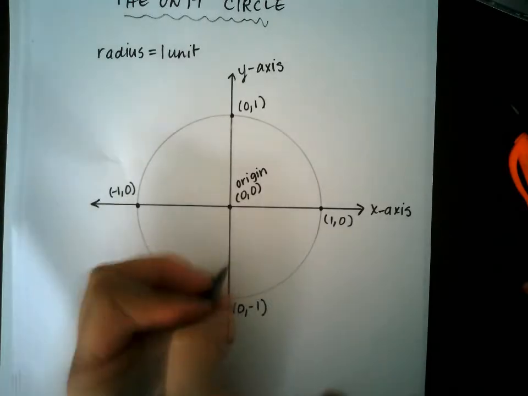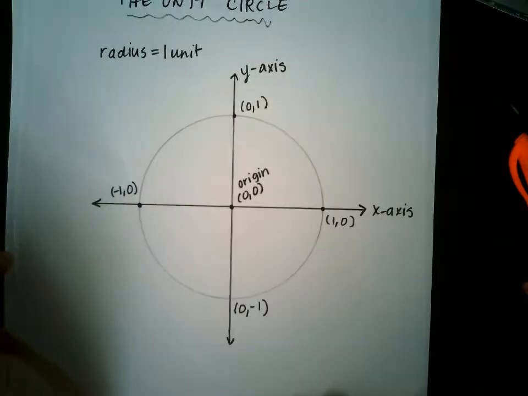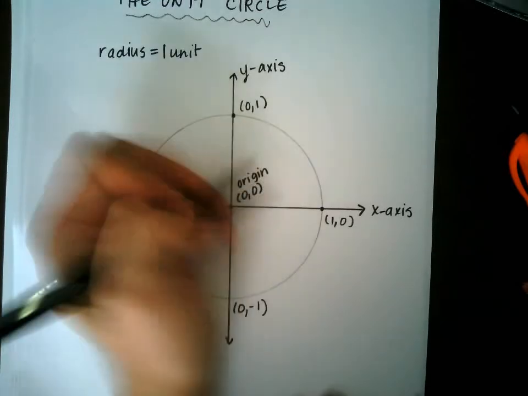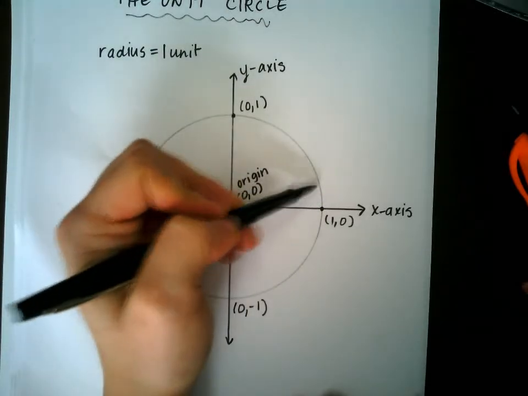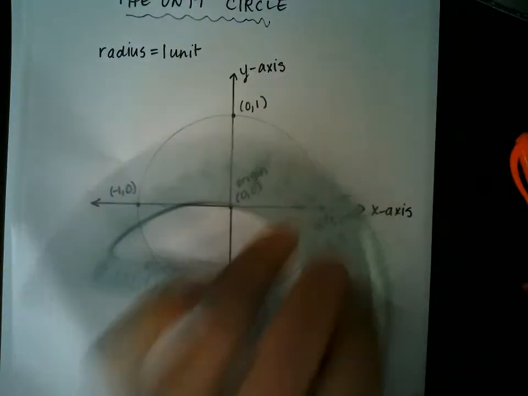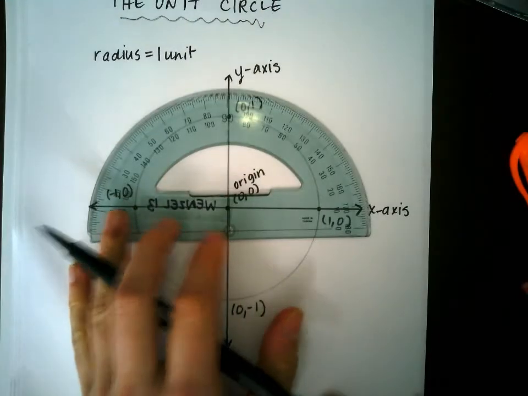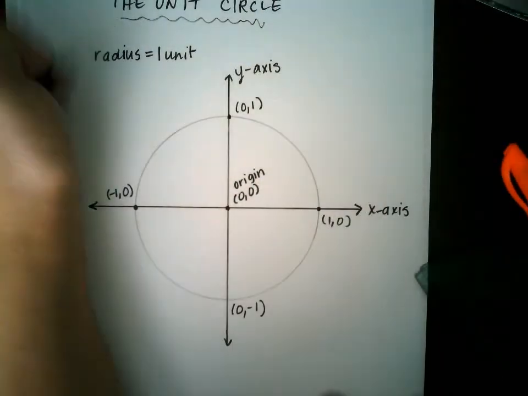There are 2 ways to measure around the unit circle in math that we'll use. One way is to measure in degrees, which we know we can do using a protractor, and it goes 360 degrees around the circle.